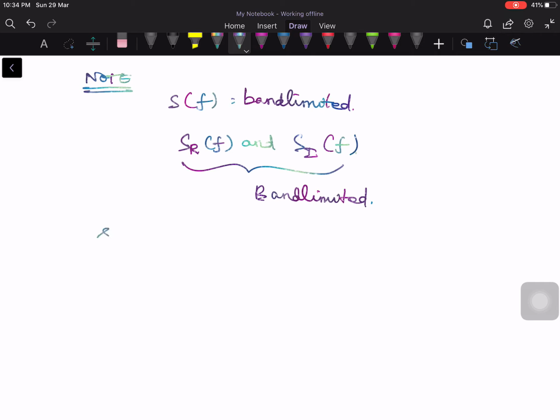See, this S_R of t is a rectangular pulse. The pulse looks like this, and if you take the Fourier transform, then you have a sinc pulse.